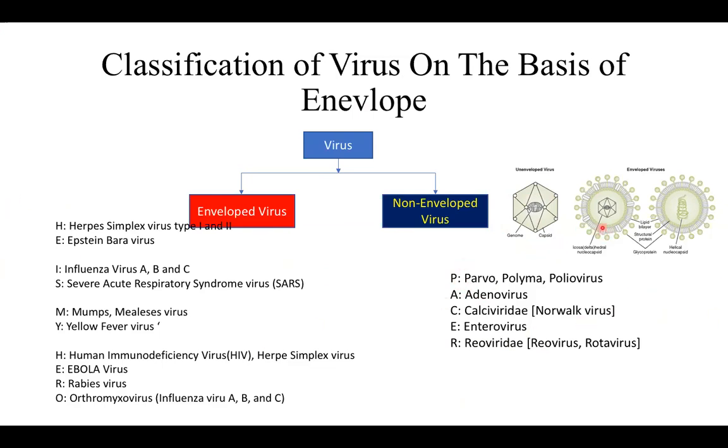Some viruses have an envelope, while some lack it. Based on the presence or absence of an envelope, viruses are broadly categorized into two categories. That is enveloped viruses, which have an outermost covering, the envelope, made up of phospholipid bilayers. And some viruses do not have an outermost covering, they are non-enveloped viruses.